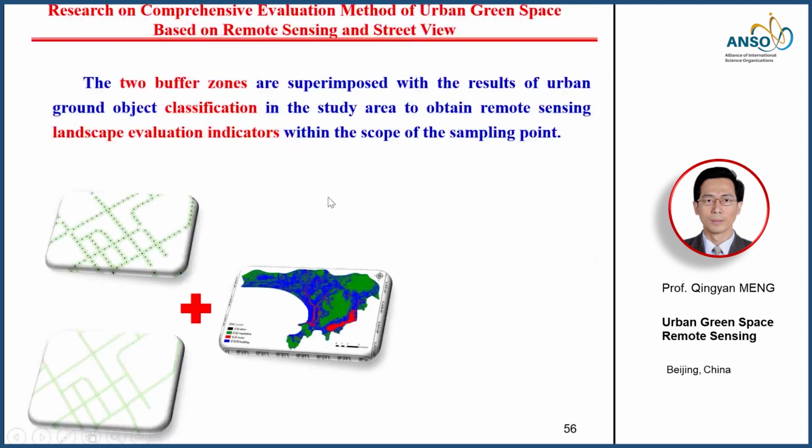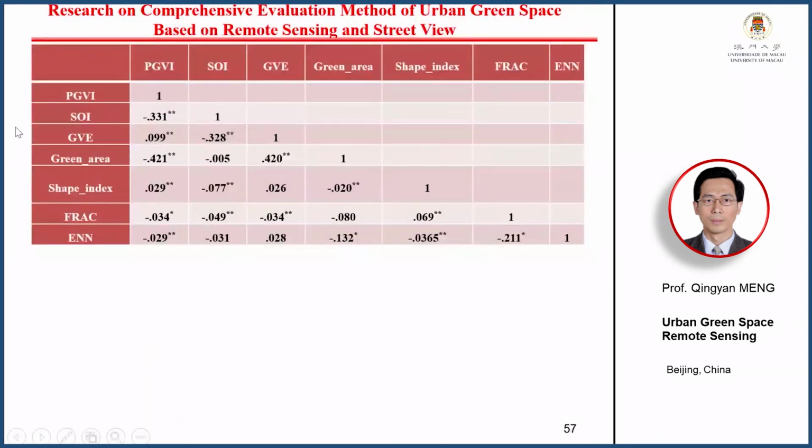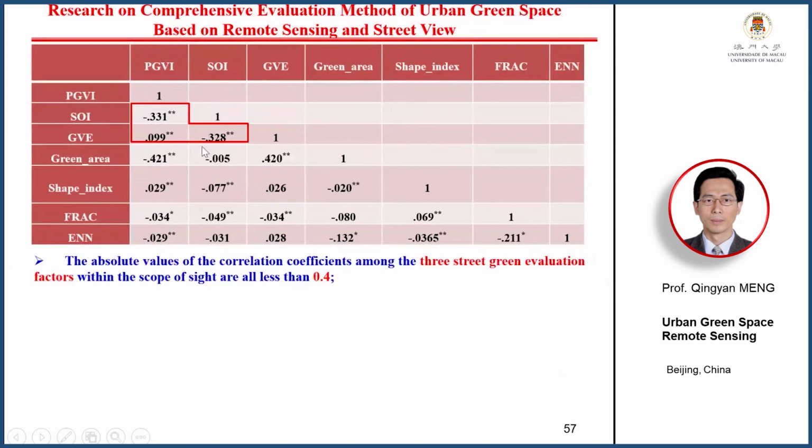Then the two buffer zones are superimposed with the result of the urban ground object classification in the study area to obtain the remote sensing landscape evaluation indicators. This is the result you see, and the absolute value of the correlation coefficient among the three street green evaluation factors, the vision scope of the site.